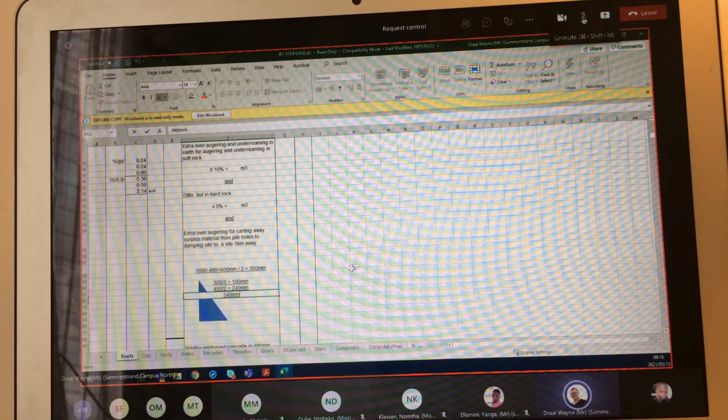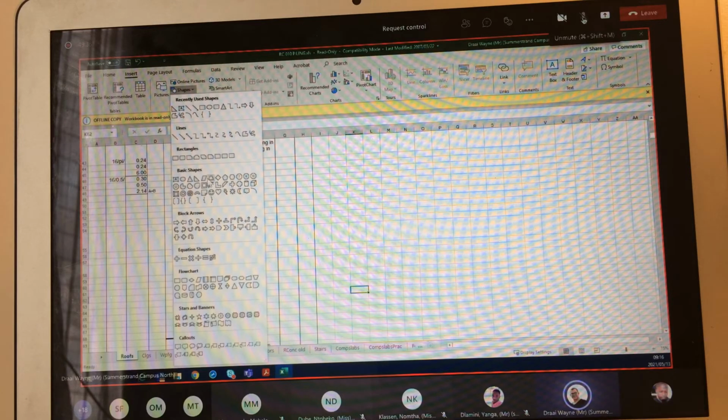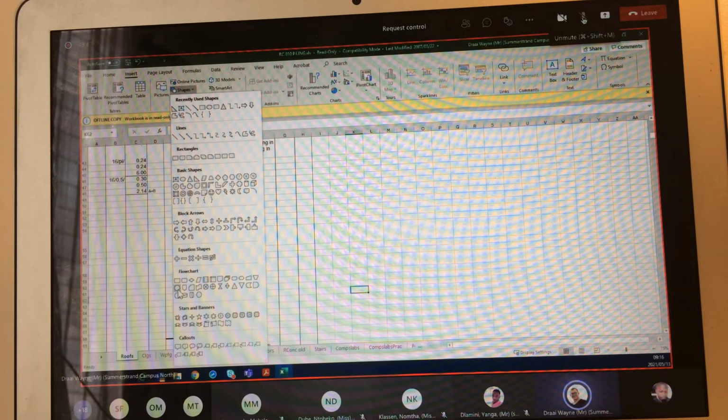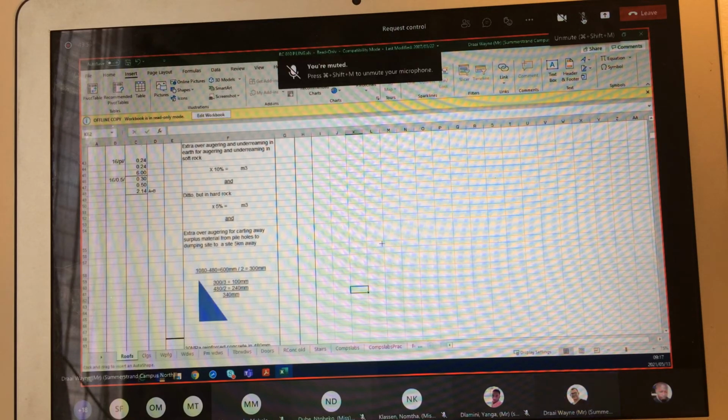So if I insert, and I'll just try and put this over here, insert my shapes. I don't know if I can do a circle within a circle. Circle within a circle.